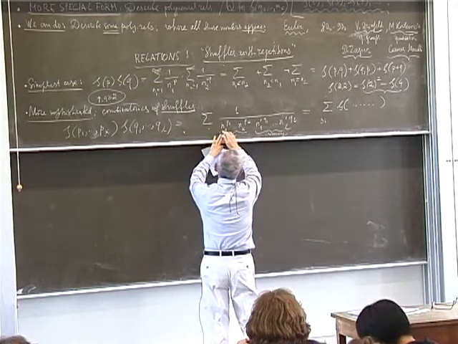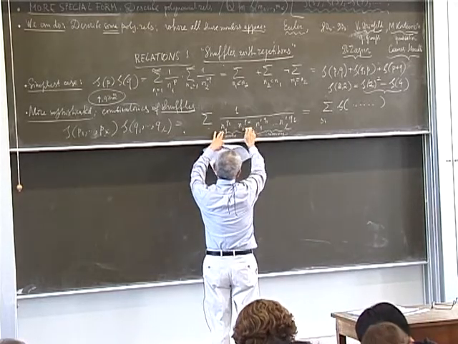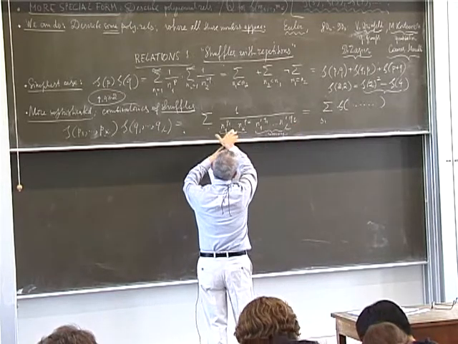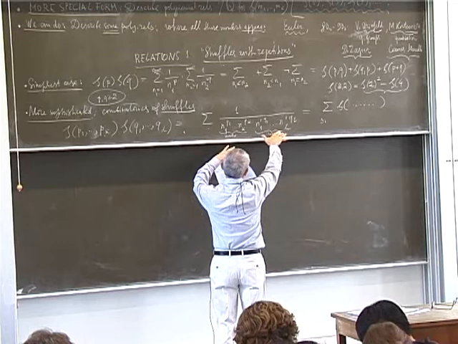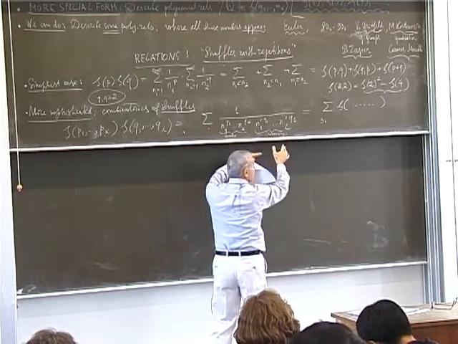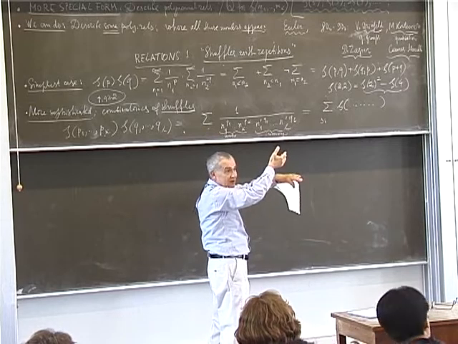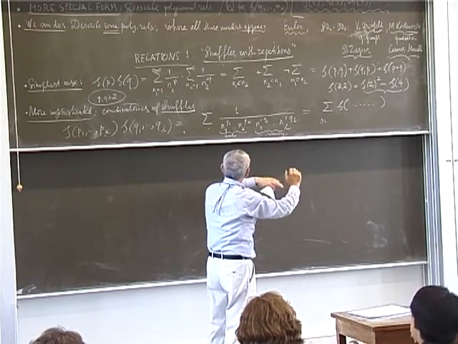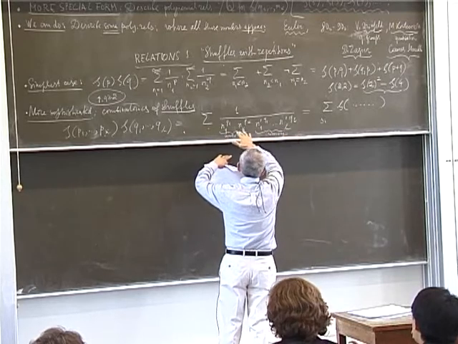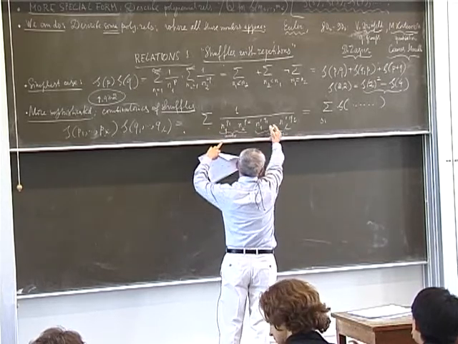I have the n's and the n primes, these things, and I get out of them another sequence of length generally k plus l, but perhaps a little bit less, and this is uniquely determined by these n's and n primes.